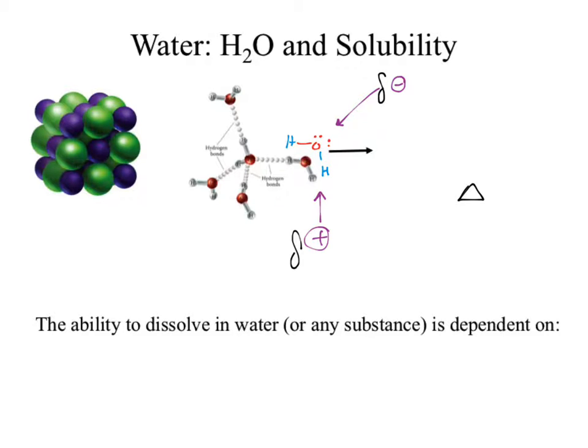That lowercase delta represents a partial charge. When we look at the molecule from the top and we see the oxygen, we see a partial negative charge. When we look towards the hydrogen, we see a partial positive charge.